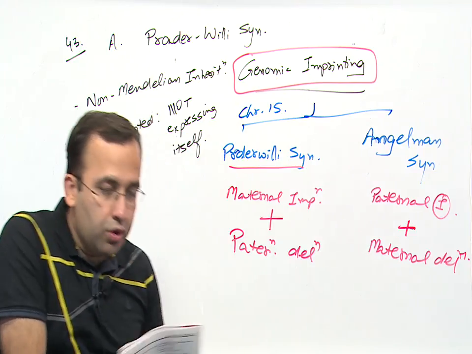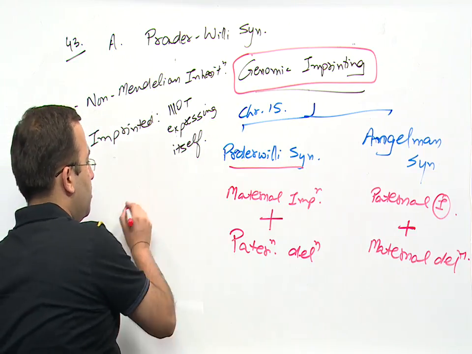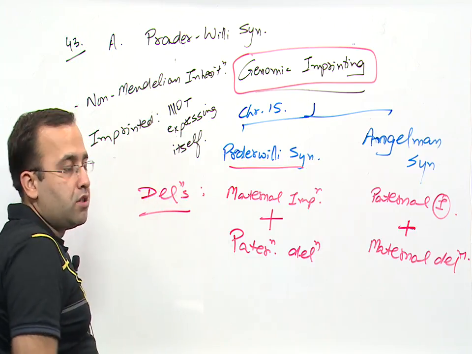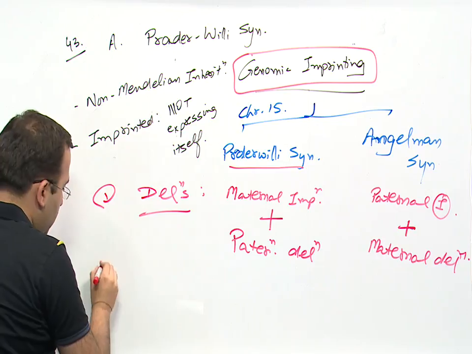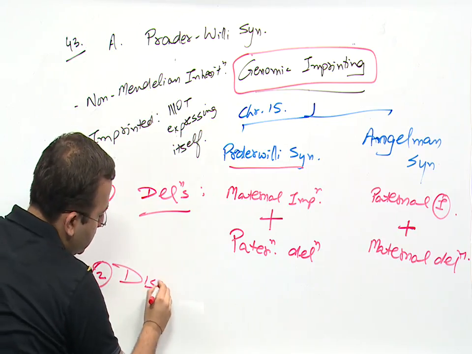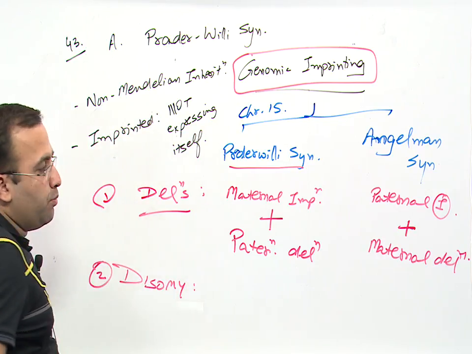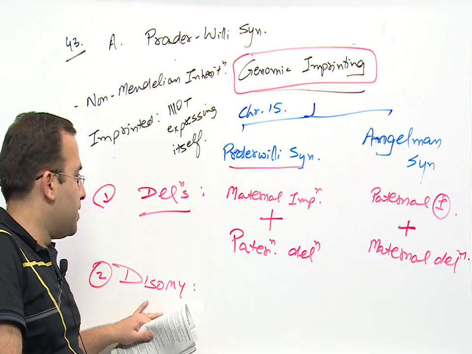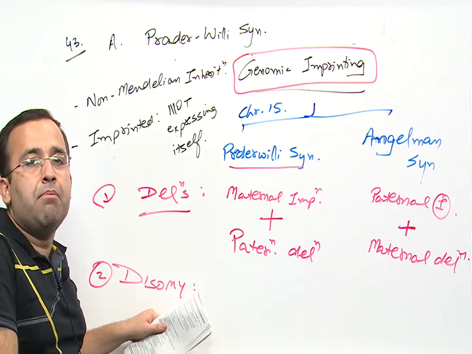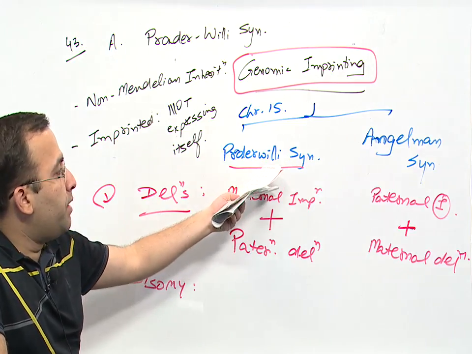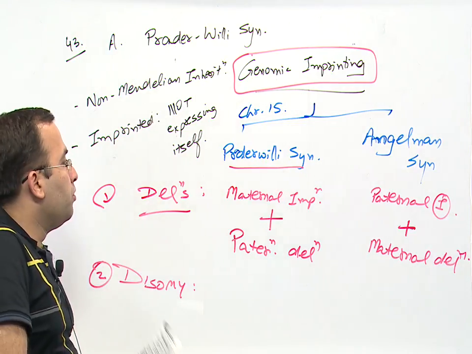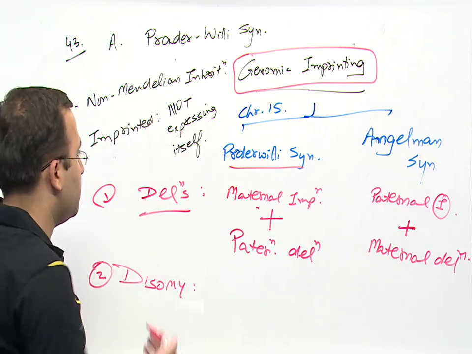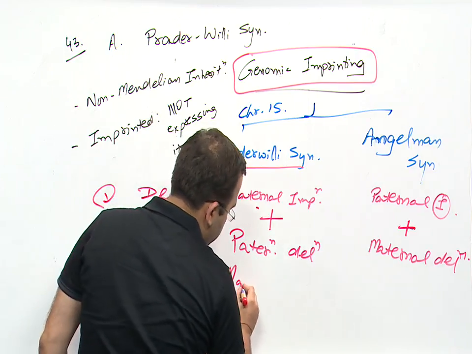Next point, the question asked you about disomy. So the first way of having the disease is by deletions. The next way of having the disease is by disomy. Disomy means both the chromosomes are coming from the same parent. So in Prader-Willi, both the chromosomes are coming from the mother because they are physically present but not expressing themselves.